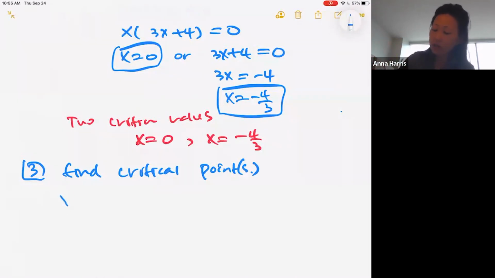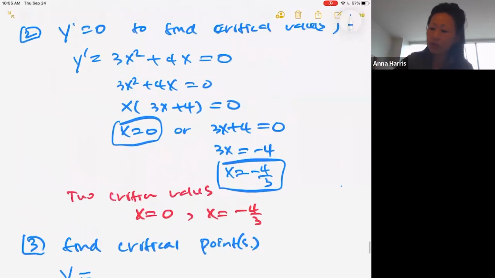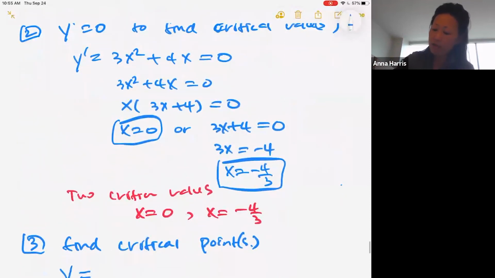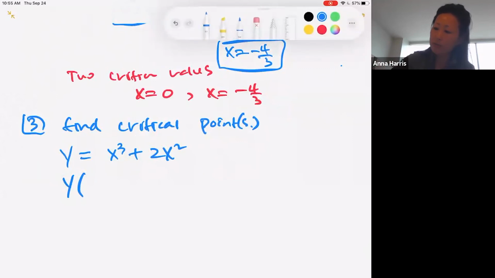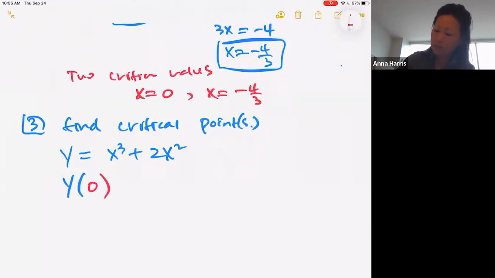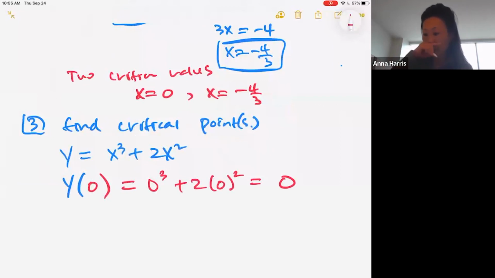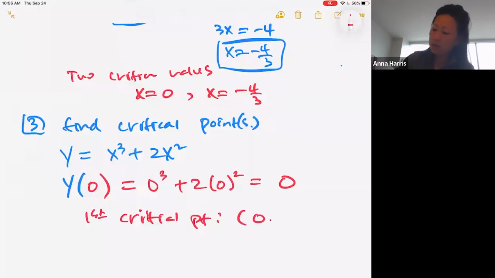So what is my original equation? y equal to x to the third plus 2x squared. So I need to plug in 0, which gives me 0 to the third plus 2 times 0 squared, which gives me 0. So my first critical point is (0, 0).